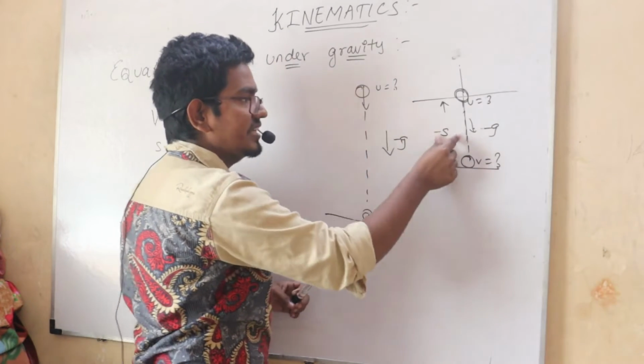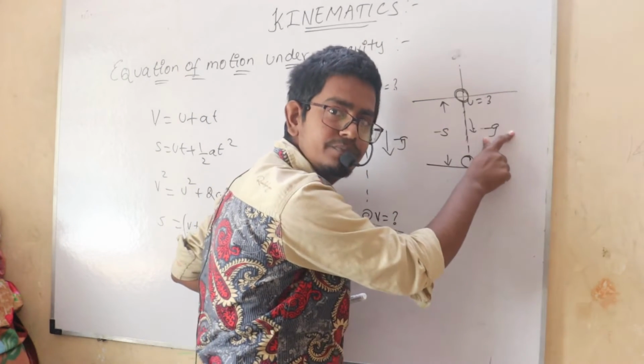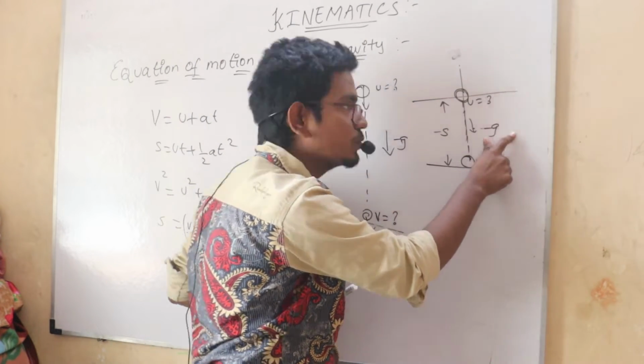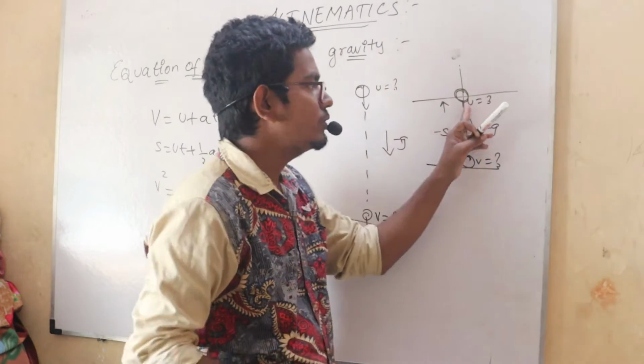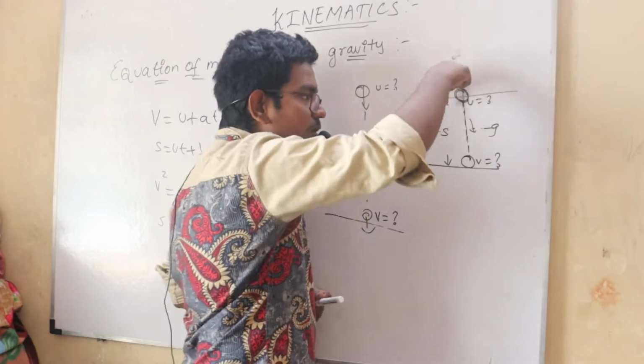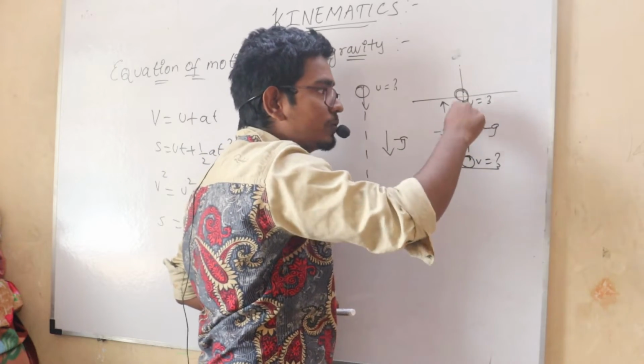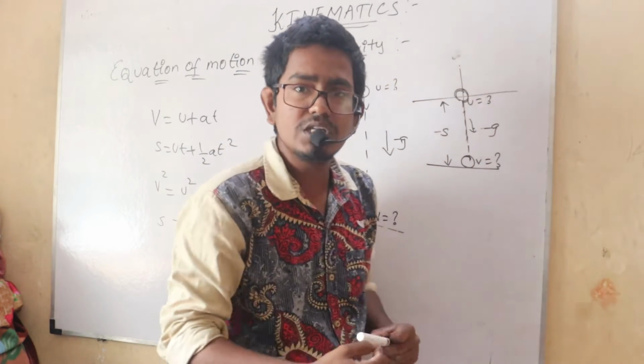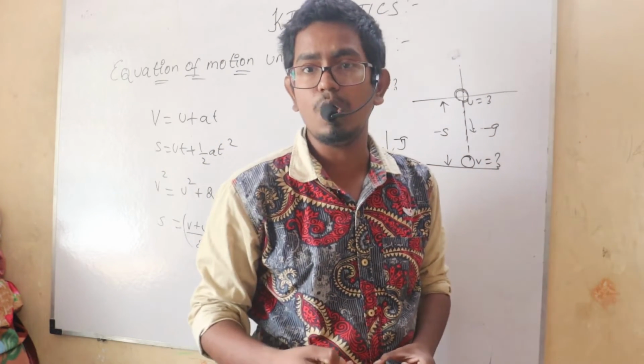Now you can see here it is the displacement, it is the acceleration due to gravity, and it is the u. You can see how this velocity is acting, as the displacement is in the downward direction. What is the formula for the velocity? Velocity is equal to displacement upon time.